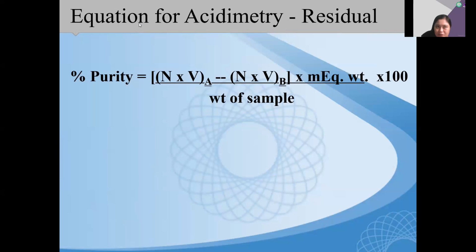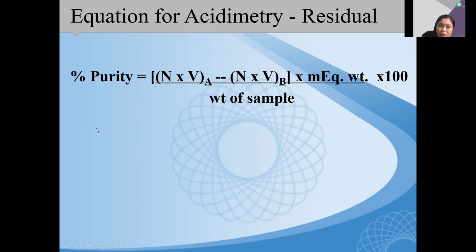Now, if you don't have questions anymore about the direct titration acidimetry, let us move forward to our residual titration. Acidimetry pa rin ha. So our sample here is an alkaline or a base. And then since this is residual, so we have 2 titrants. Okay, so the other one is added in excess, and that is for the acid. And then the excess will be titrated with another base.